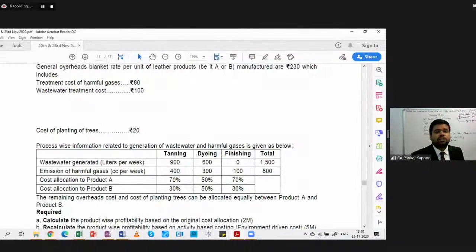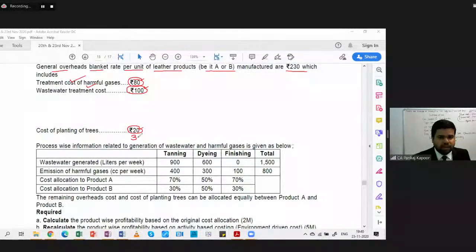Here they mention the overhead blanket rate per unit of the leather product, be it A or B, is 230, which includes 80 rupee as the treatment cost of the harmful gases, 100 rupee as the water wash treatment cost, and 20 rupee as the cost of planting trees. Does it become 230? No. 80 plus 100 is 180, plus 20, it becomes only 200.